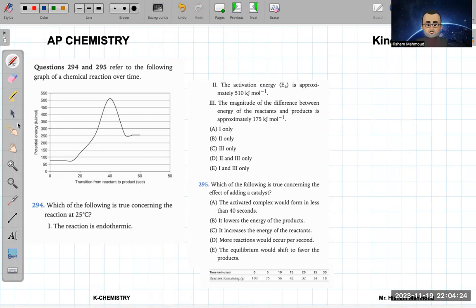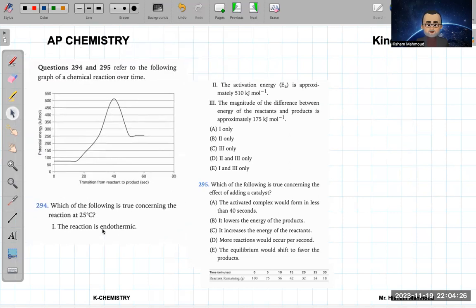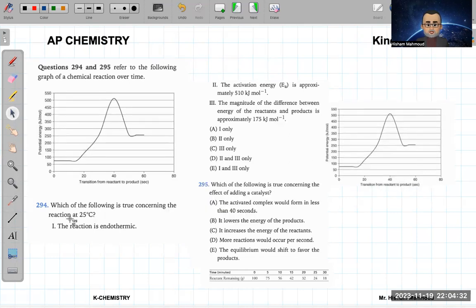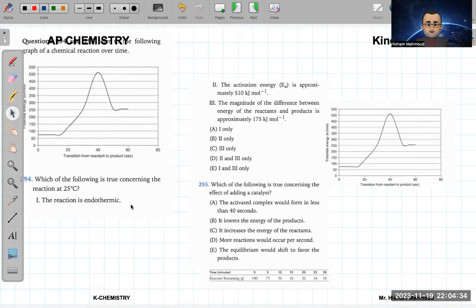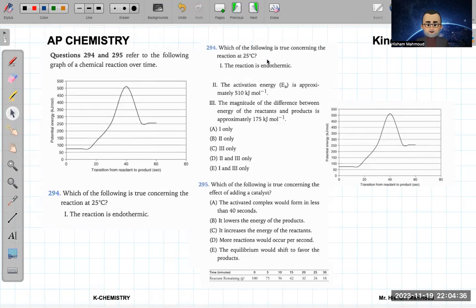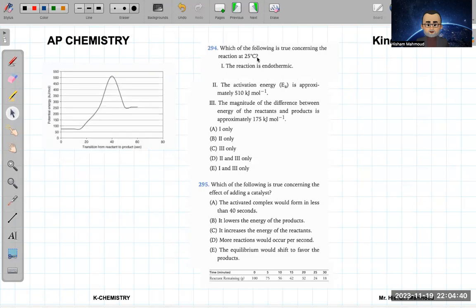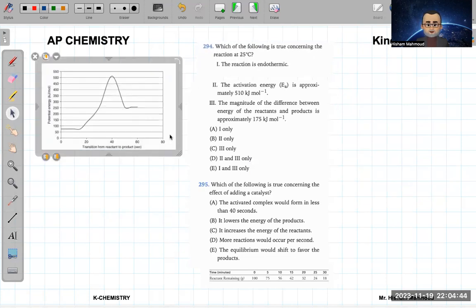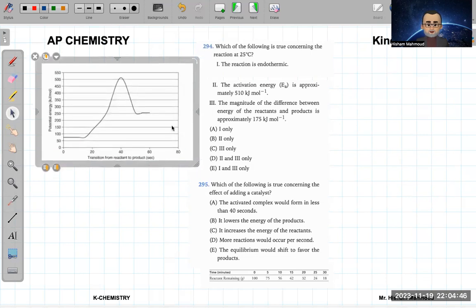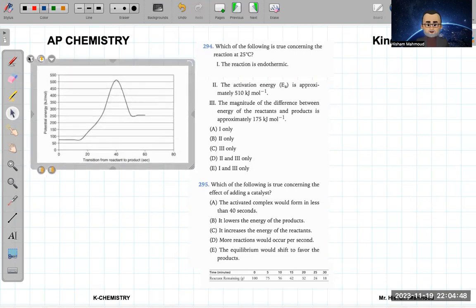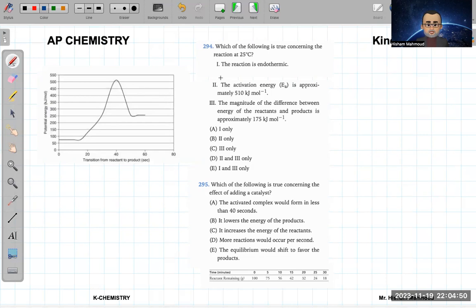بيقول لك أول حاجة إن الرياكشن endothermic. خلينا ناخد الجزء ده ونحطه كده، وناخد الجزء ده ونحطه هنا عشان يبقى حل أسهل. The reaction is endothermic, yes.